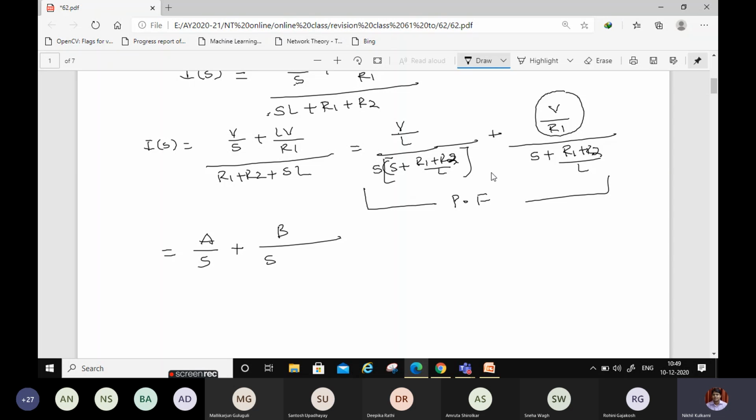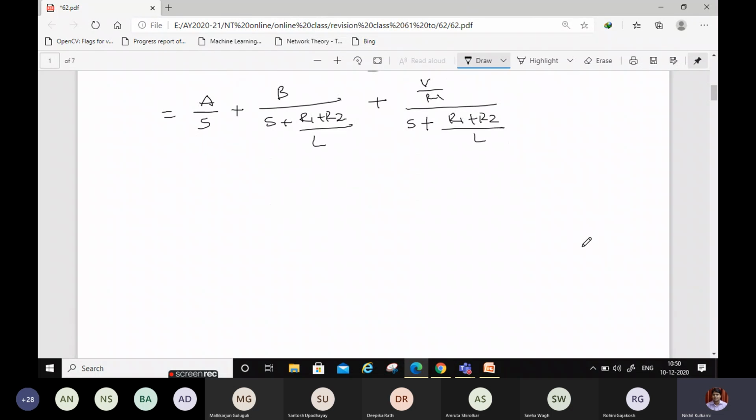You can apply partial fractions to this only, not this one, sorry, only to this. And this constant term you keep as it is.